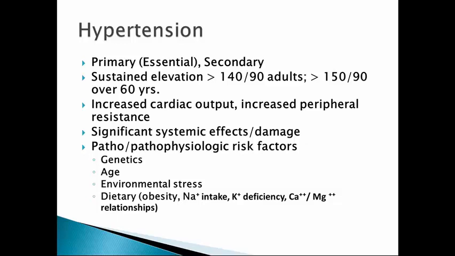When magnesium is low, potassium also tends to be low. Remember that protective effect of potassium. At the same time, intracellular calcium tends to be elevated. And as a result, then that calcium pump, which can lead to vasoconstriction, would be problematic.